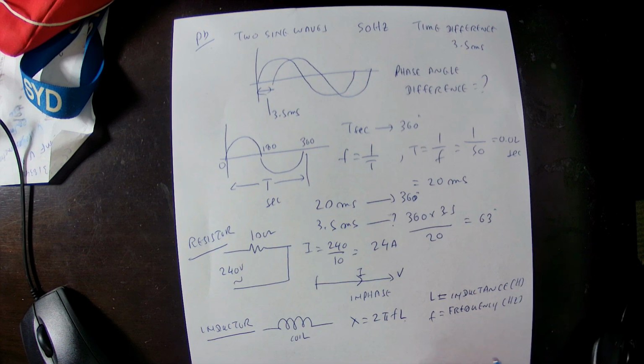So XL can be calculated as 2 multiplied by pi multiplied by F multiplied by L. So we can calculate that. This is XL, the inductive reactance. The unit is ohm. This is the way we calculate.